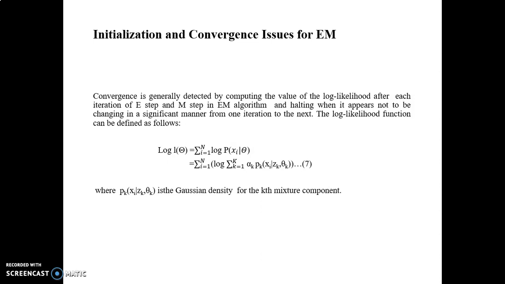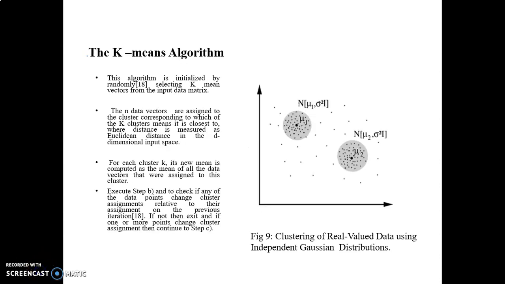The entire thing is the Gaussian density for the k-th mixture component. These are the mechanical terms and equations for the Gaussian mixture model. But for the concept, now I am coming to the k-means algorithm.